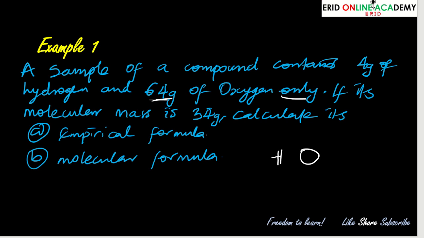Looking at the question, we were given 34 grams as the molecular mass of this particular compound. Of course, calculating the molecular mass of a particular compound requires that you add up all the relative atomic masses of the constituent elements.